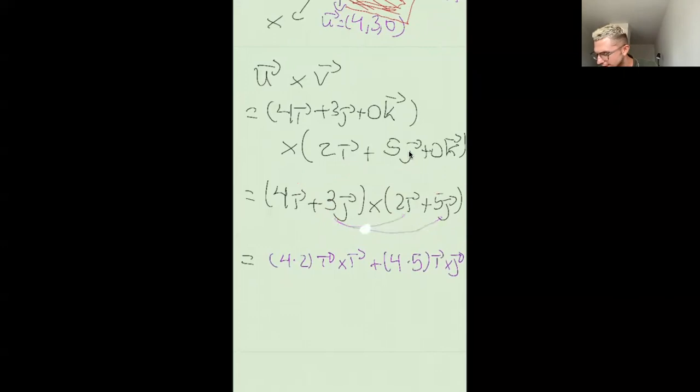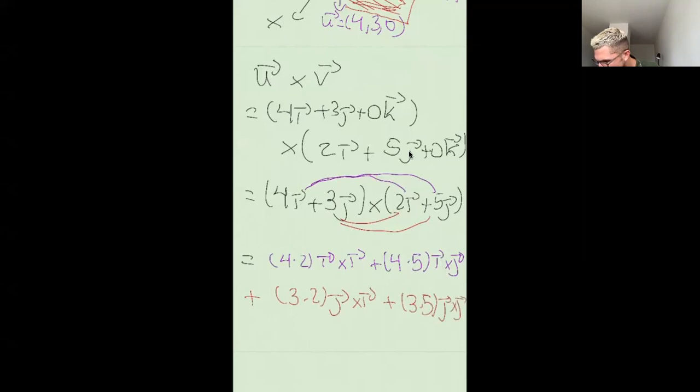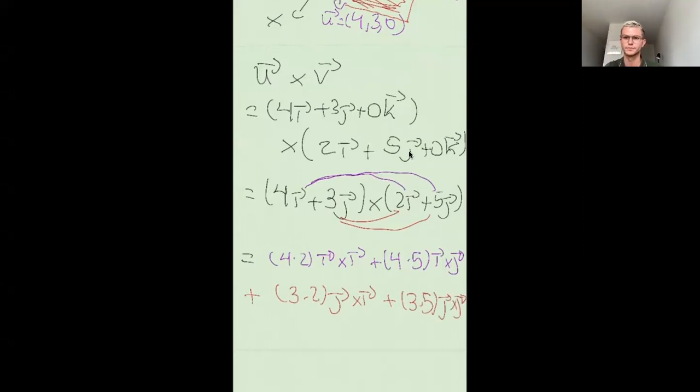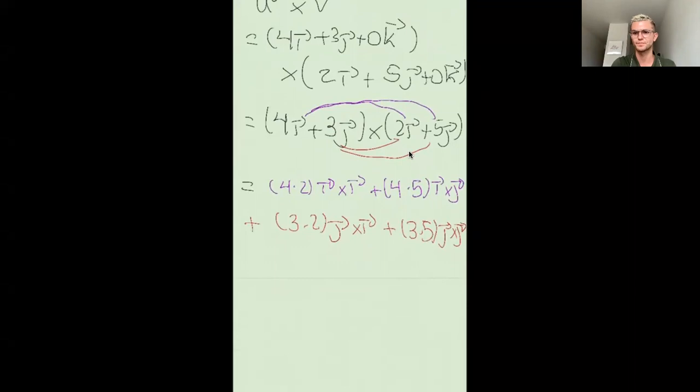That's easier to fix, I'll be lazy and just change it. Sorry about that. And then you get 3 times 2, j cross i, plus 3 times 5, j cross j. Is that okay? So far, so good.